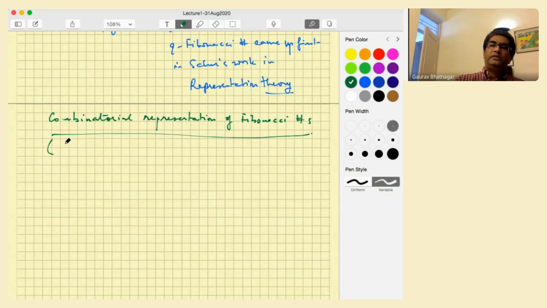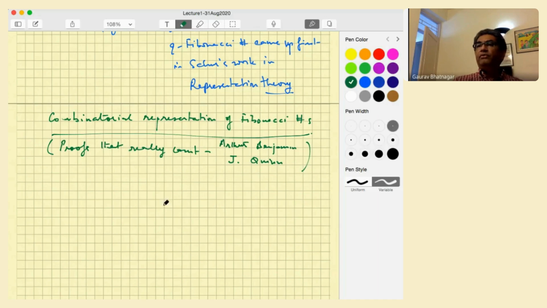It's called Proofs That Really Count, and this is written by Arthur Benjamin and Jennifer Quinn. It's available from wherever you can get to steal such books.